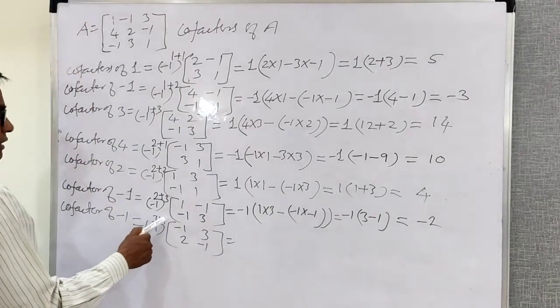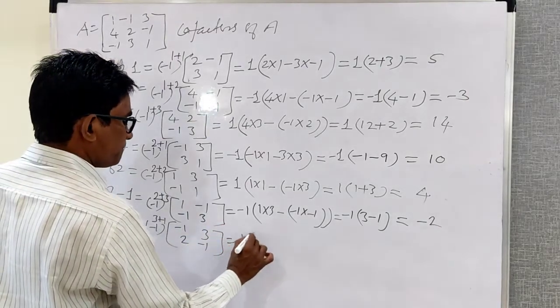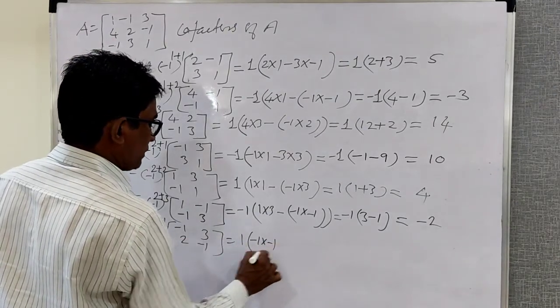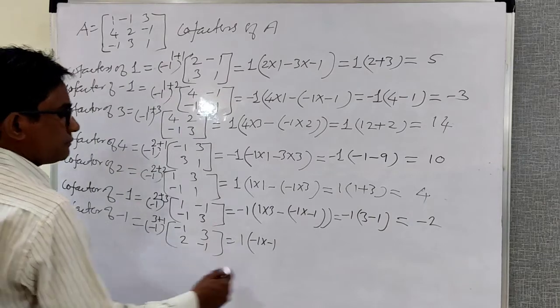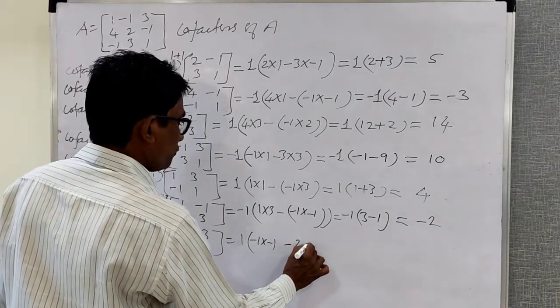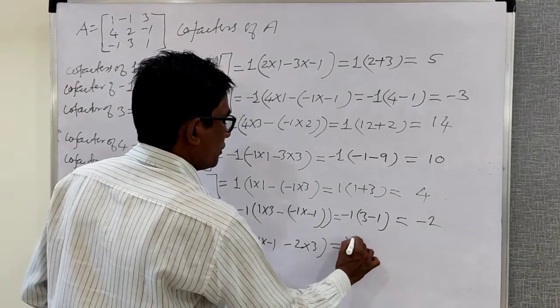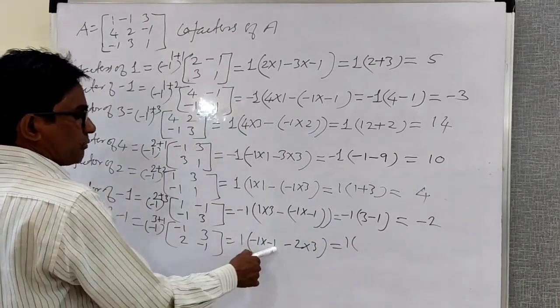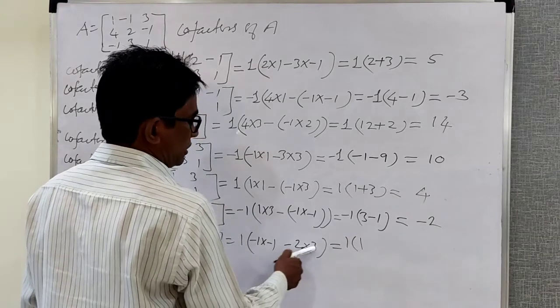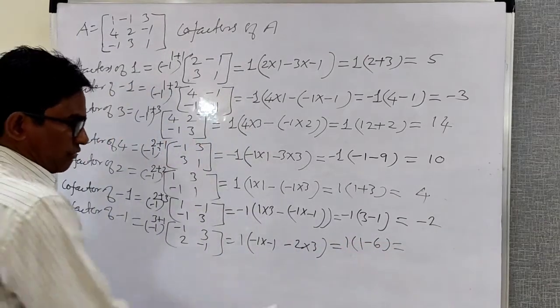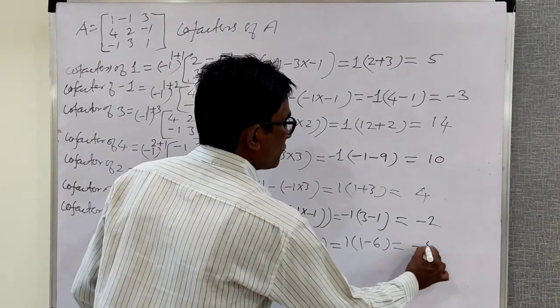So power is even number, therefore it is 1. Minus 1 into minus 1, minus 2 into 3 is equal to 1 into minus 1 to minus 1 plus 1, minus 2 3 is a minus 6. So 1 minus 6 is minus 5, minus 5 into 1 is minus 5.